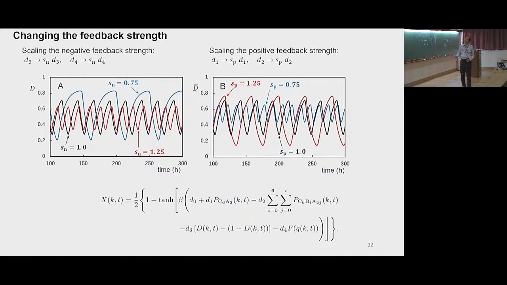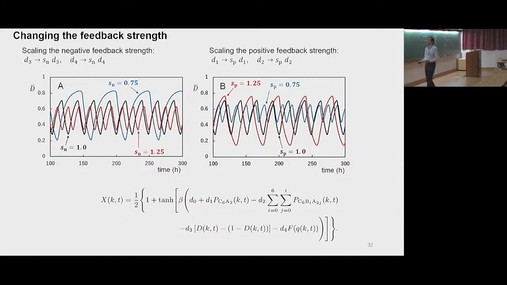In this case, D1 and D2 are kept constant and D3 and D4 are changed with a scaling variable Sn, and we look at how the ensemble-level oscillation of the phosphorylation level changes. When the negative feedback D3 and D4 is weakened, the amplitude becomes larger and the period is elongated. When Sn gets large, the oscillation amplitude becomes smaller and the period becomes shorter.